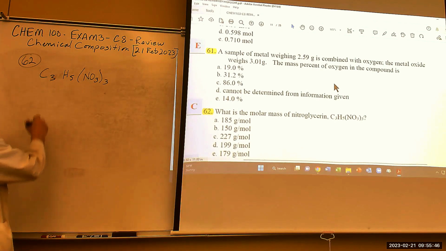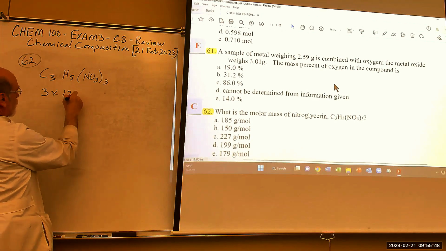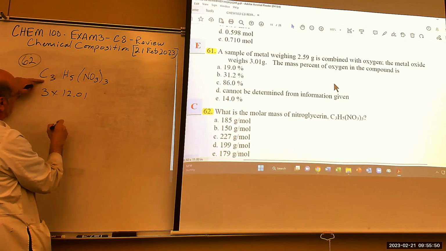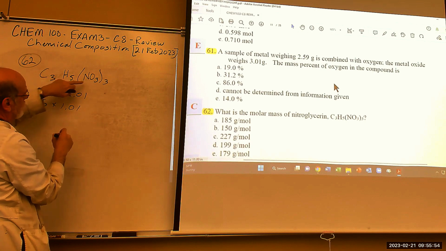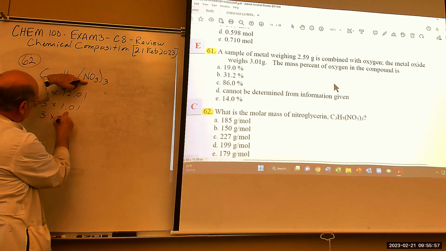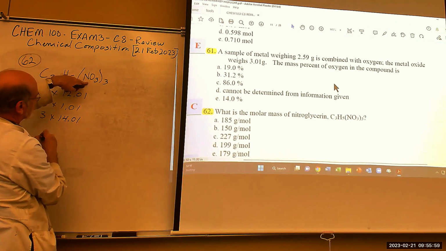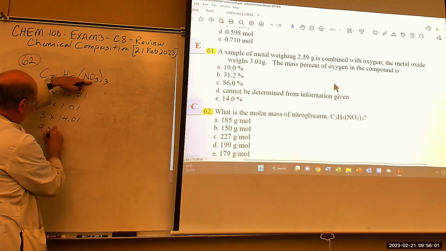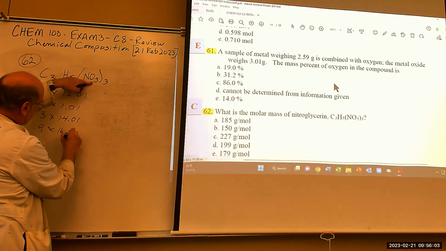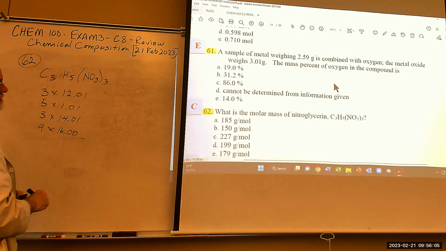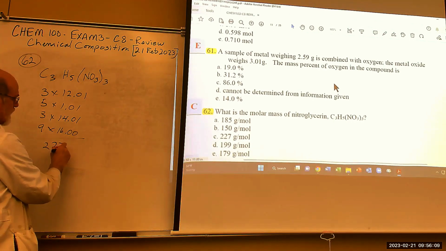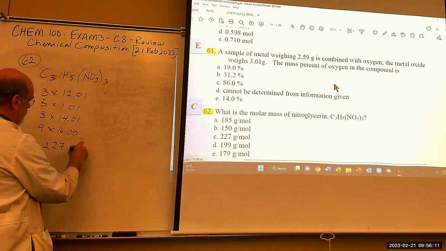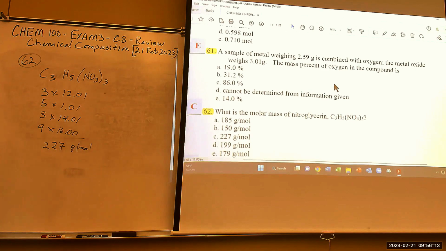All we need to do is say 3 times 12.01 for the carbon, 5 times 1.01 for the hydrogen, 3 times 14.01 for the nitrogen, and 9 times 16 for the oxygen. Add them together, and we should come up with 227 grams per mole.